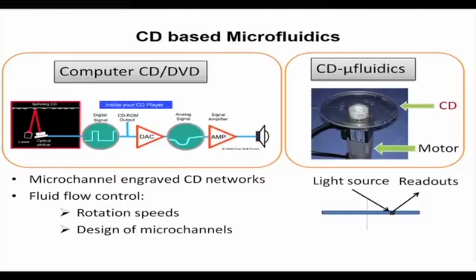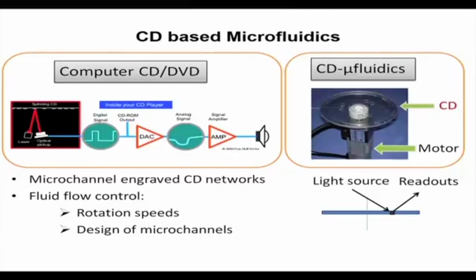So as I told you, you have a motor on which you mount the CD, on which you have microchannels engraved, and you can control the fluid flow by rotational speed and design of microchannels. By looking at the CD that I had shown you, it will not appear to be made of a material which resembles the CD that you use for external data storage in a computer.